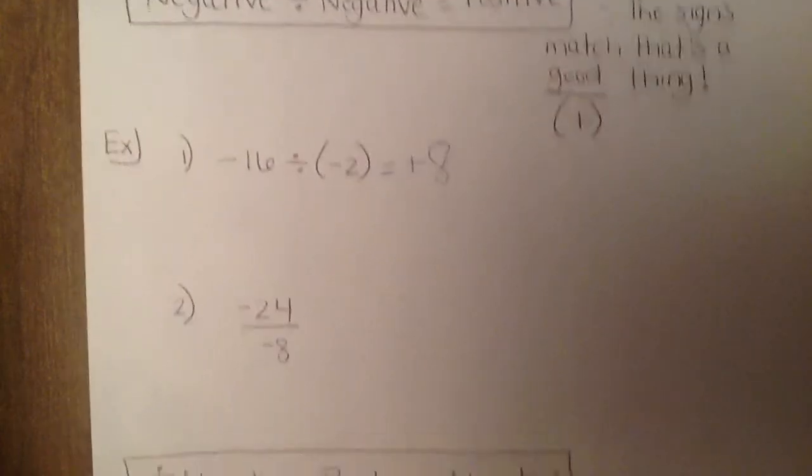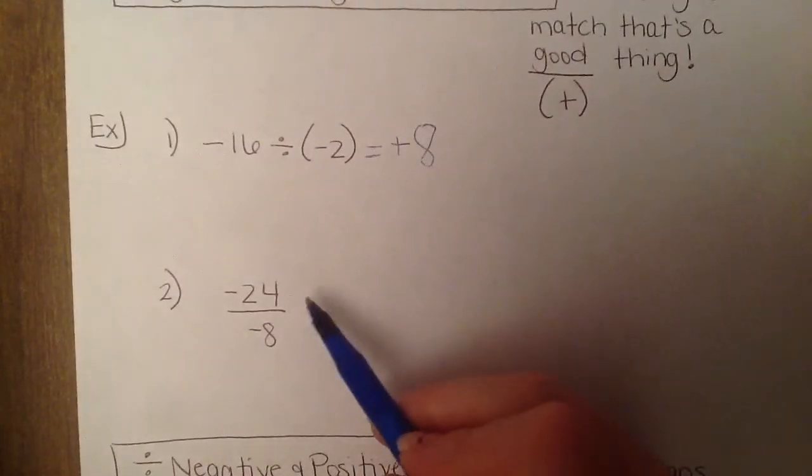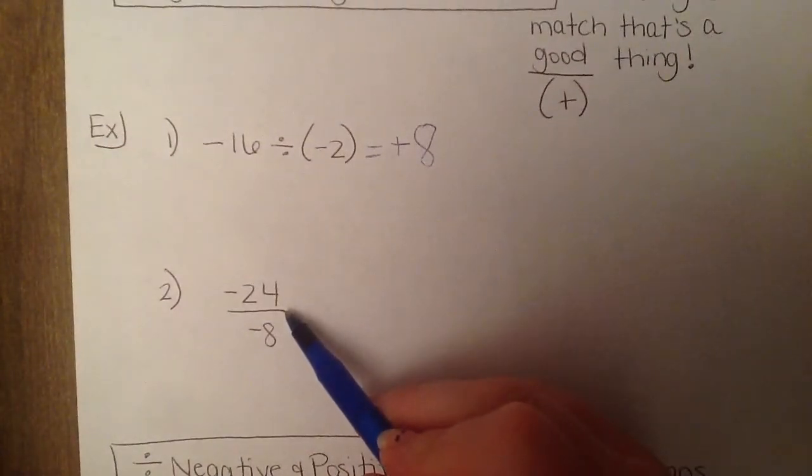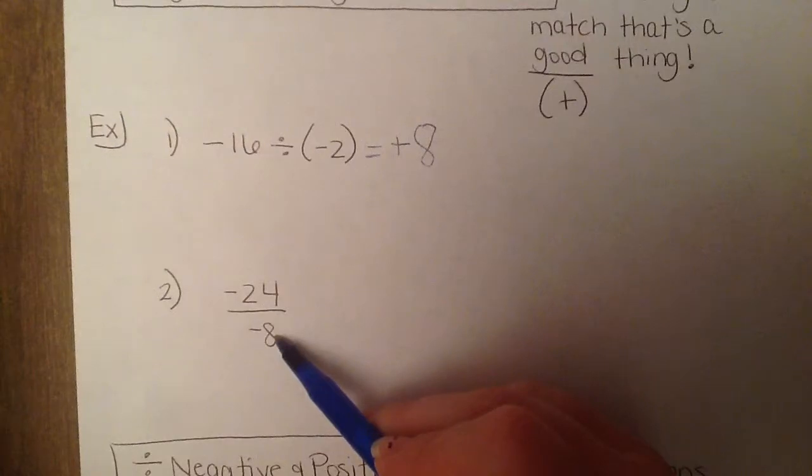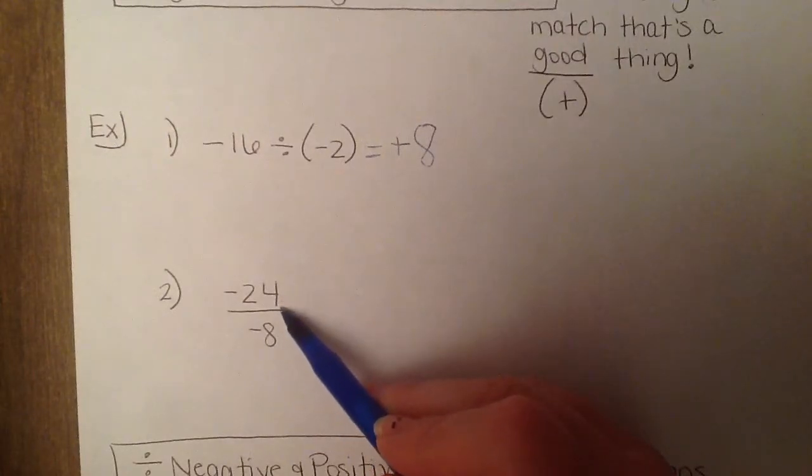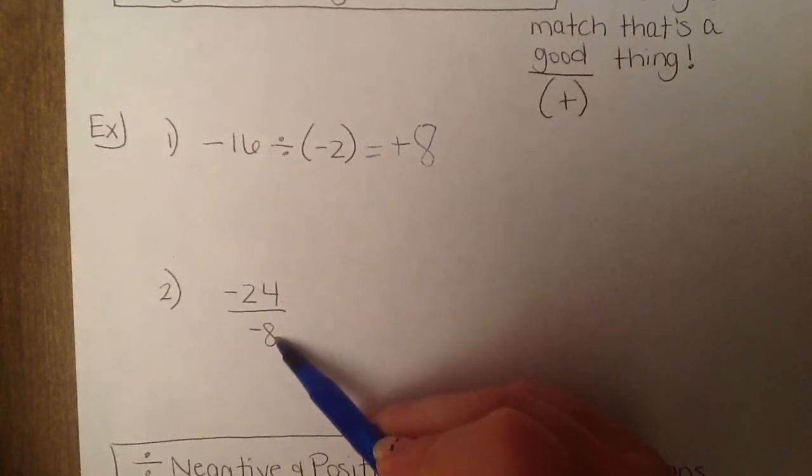Okay. Number 2. This fraction bar serves as a division as well. It is top, divide, bottom. Okay? Negative 24 divided by negative 8. First, we must ask, do the signs match? Yes, they're both negative. So the signs match.